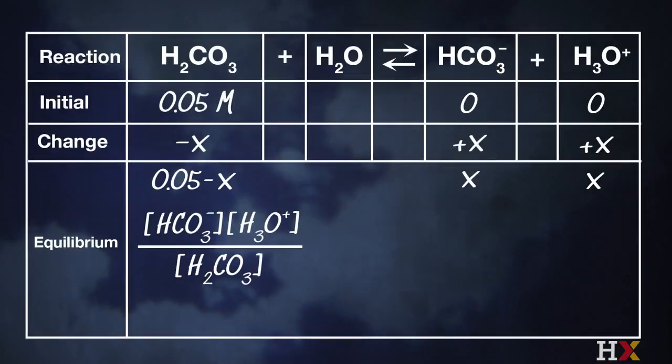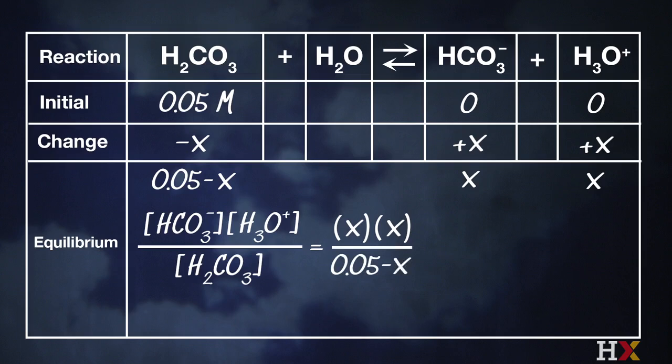And so we now know that the equilibrium constant is equal to the product of the concentrations of the bicarbonate and H3O+ divided by the concentration of carbonic acid, that's 0.05 minus X.